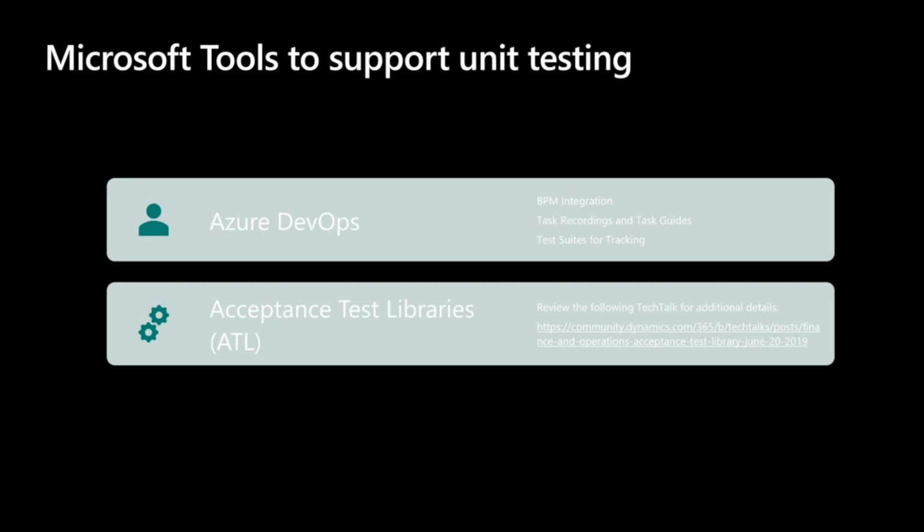These are essentially the set of steps or tests that can be automatically run within Visual Studio against all of our predefined tests from a Microsoft perspective. So as you're developing new functionality, you can run it against our standard ATL libraries to ensure that your code doesn't break any of our standard functionality out of the box.